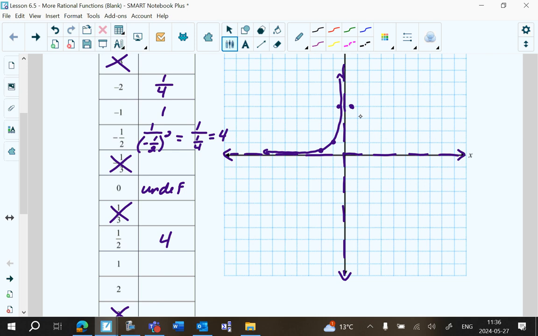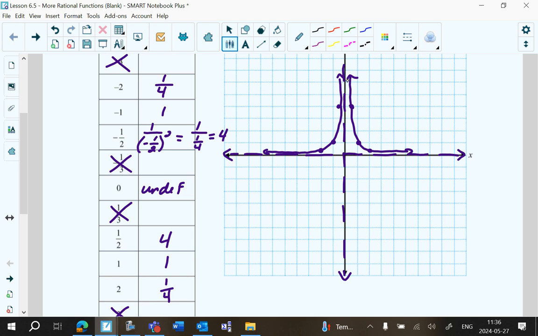You could probably even guess what the next 2 points are going to be without calculating them. It's going to be 1 and 1/4. So 1, 1, 2, 1/4, and we get a mirror curve like so.